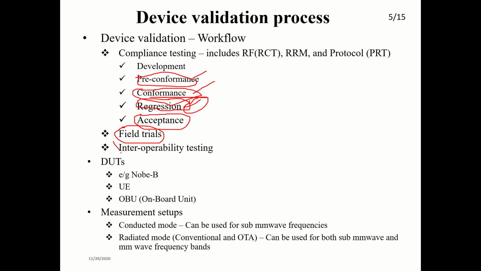Next is interoperability testing. As we discussed in the last presentation, when you go into the network, you will see a lot of equipment from different OEMs. For example, the Node B will be from Nokia, the core from Ericsson, the antennas from Andrew, which is CommScope now, and the cables from Andrew or RFS.